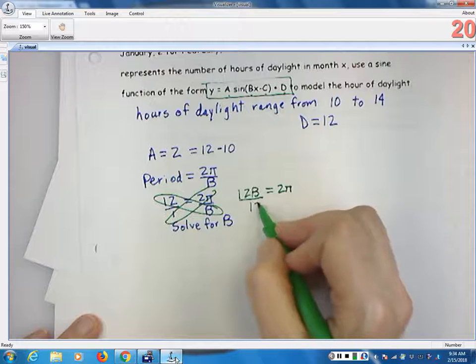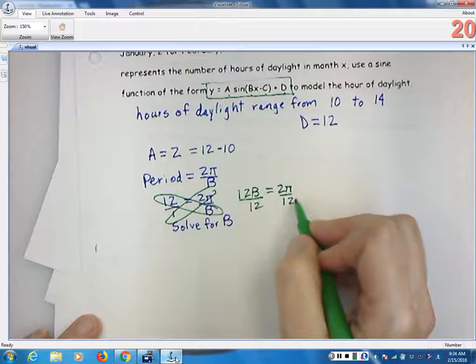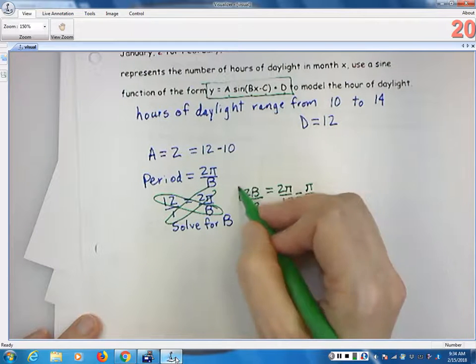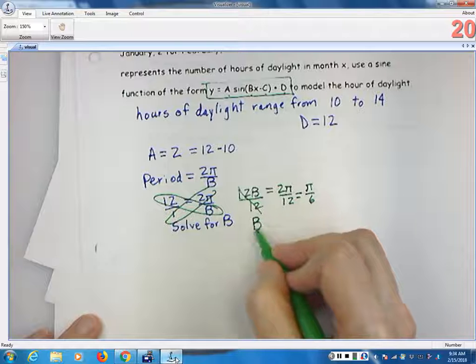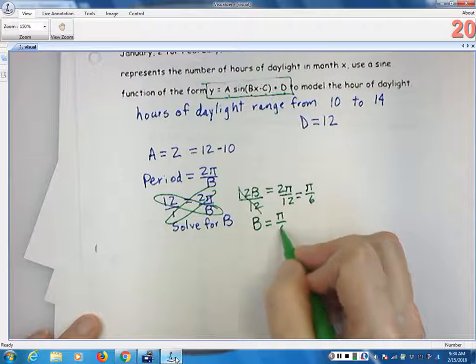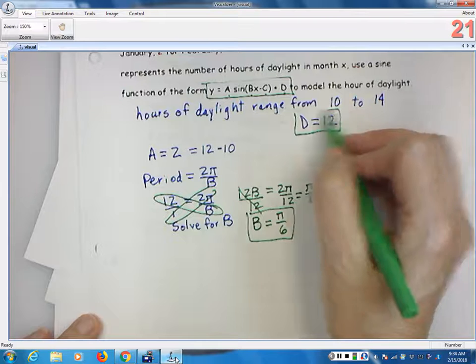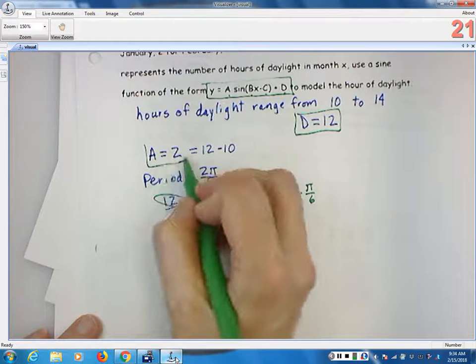Divide by 12. So b is pi over 6. So we've got B, we've got D, and we've got A.